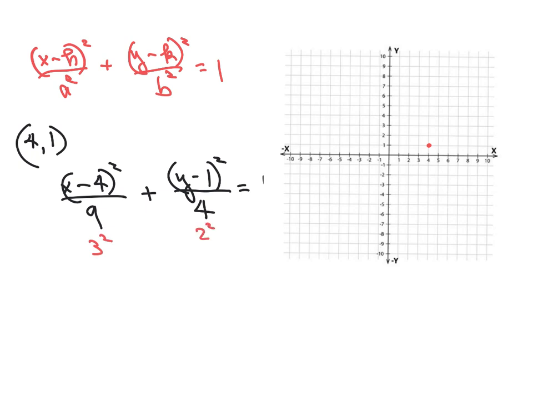So the distance on the x-axis from the center point is going to be 3, both directions, plus or minus, and plus or minus on the y. So let's go ahead and do that. Plus or minus 3, and then up 2, down 2, and we can draw our ellipse then based on that information.